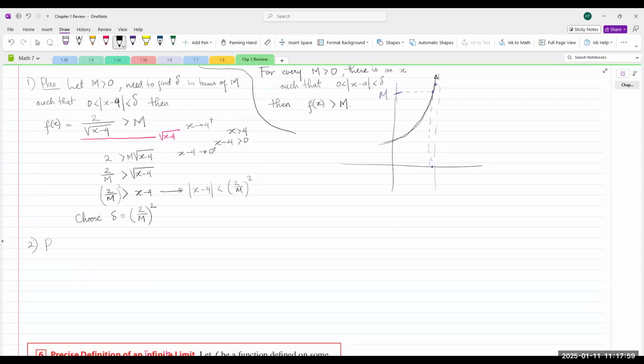So proof, you choose the number you want, the large capital M you want.